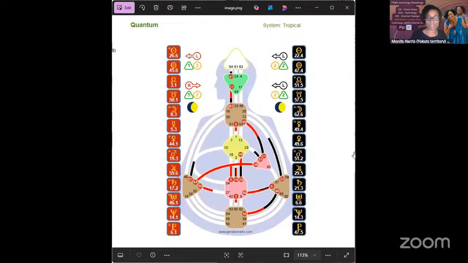And then usually they move into the more complex, like Vedic or Chinese or Tzolk'in. Gene Keys, human design is kind of the new popular person in town, the new girlfriend in town.